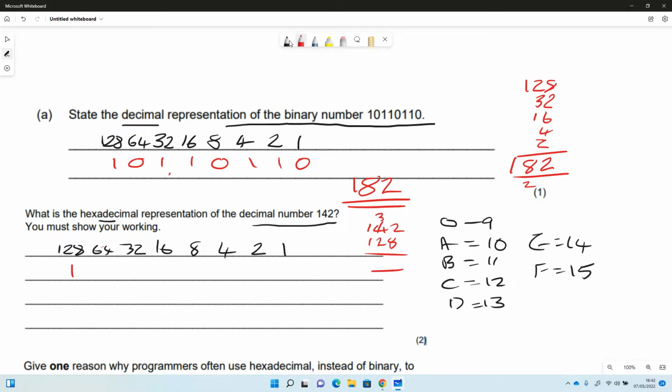So nothing to stop you doing this longhand. I've got 14 left, so no 64s, no 32s, no 16s, and 8. So again, I can take that away. That leaves me 6 left. 4, 5, 6.